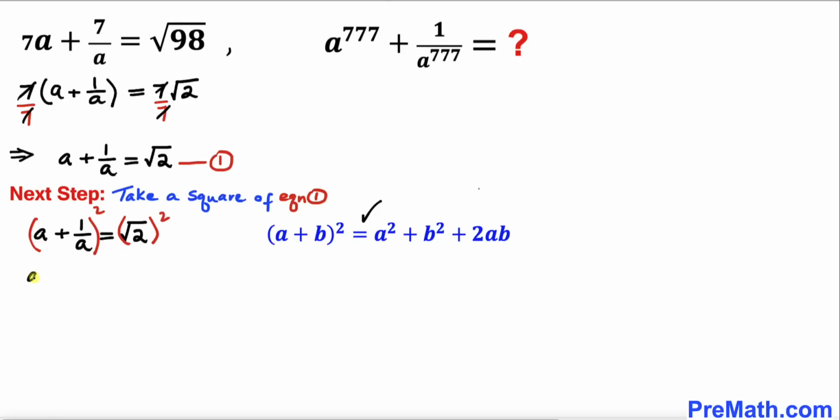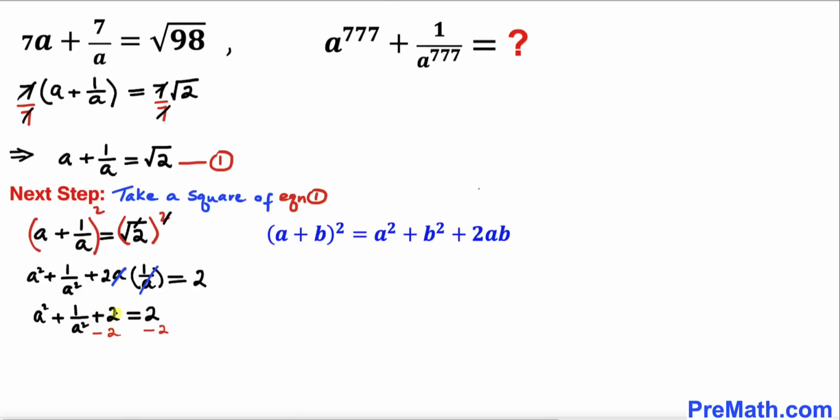This could be written as a square plus 1 divided by a square plus 2 times a times 1 divided by a, equals, on the right hand side, the square and square root undo each other, so we end up with just 2. Now a and 1 divided by a cancel each other out, so we end up with a square plus 1 divided by a square plus 2 equals 2.